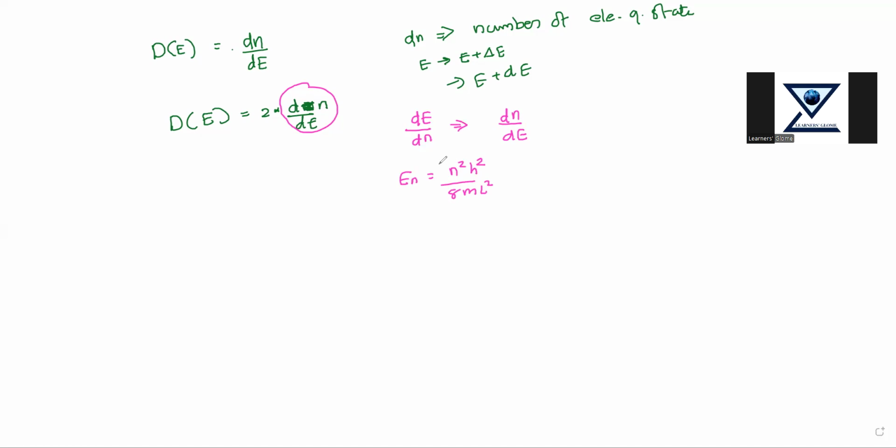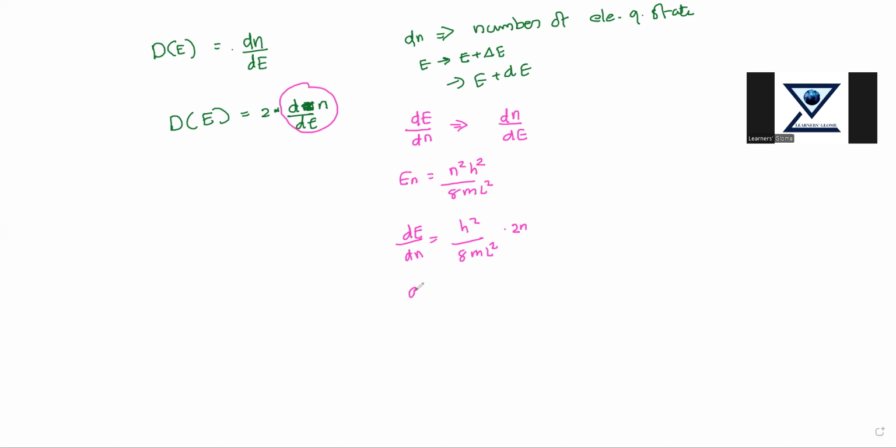So we can take the derivative of this equation, d by dn with respect to n. The derivative of n square is 2n. So h square divided by 8 ml square into 2n. Rearranging this equation, we can cancel the 2 and 8, which gives 4 ml square.